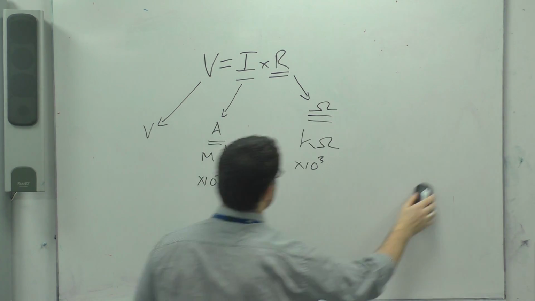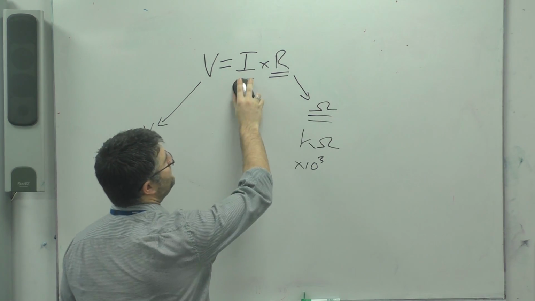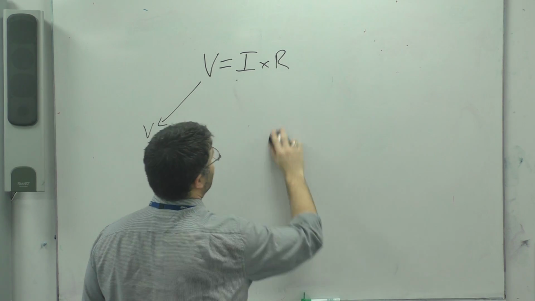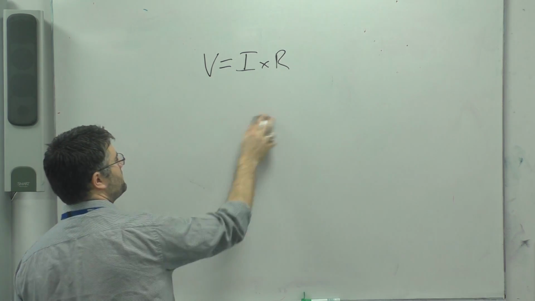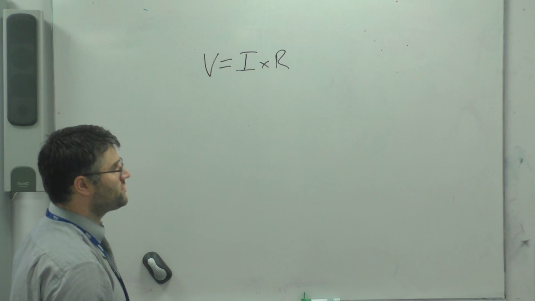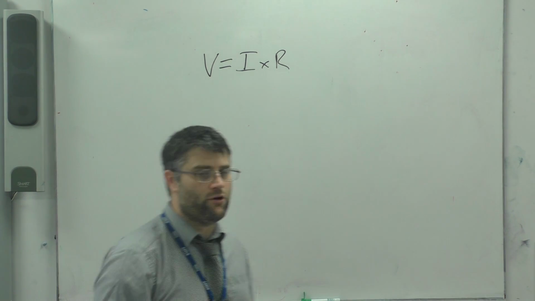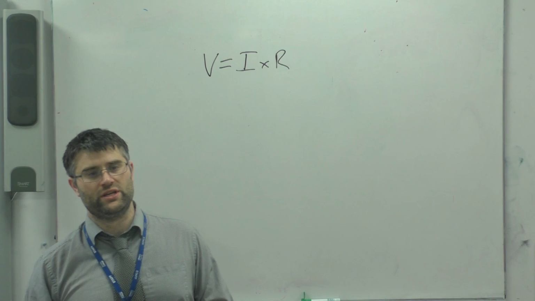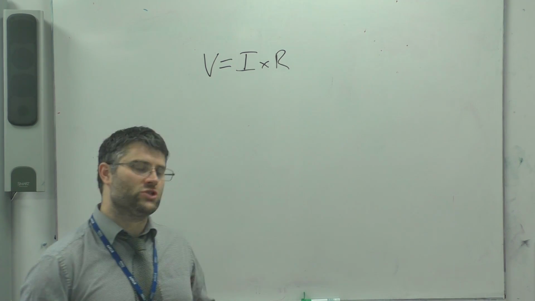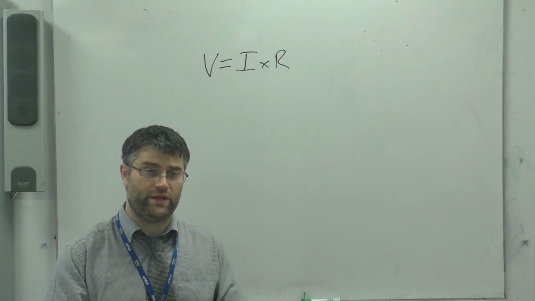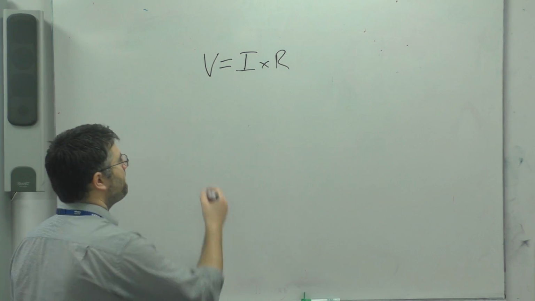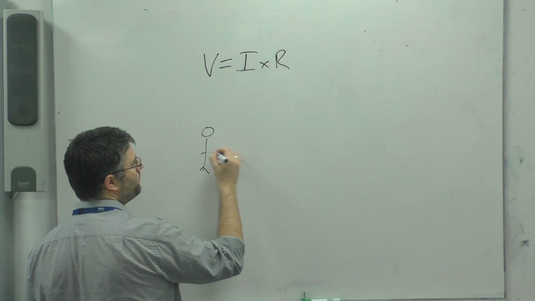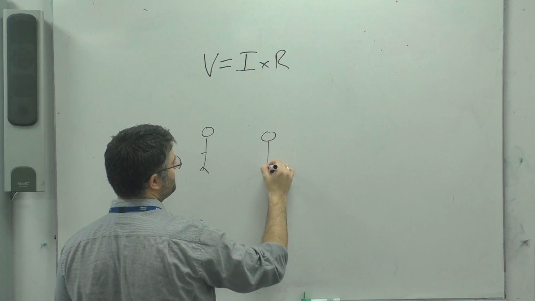Well, resistance essentially allows you to define how fast a current is going to move through something. If you imagine, and we'll do this demonstration in class, a person trying to move through a crowd of people, that person has to push through all of those people.